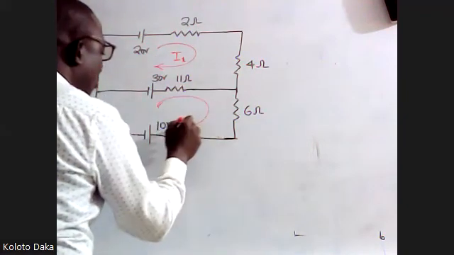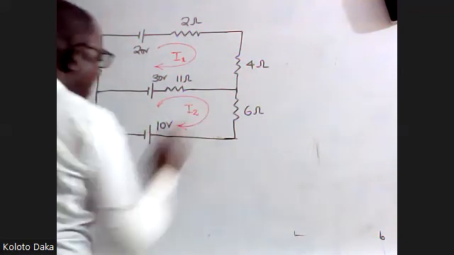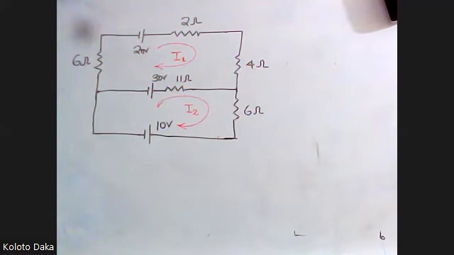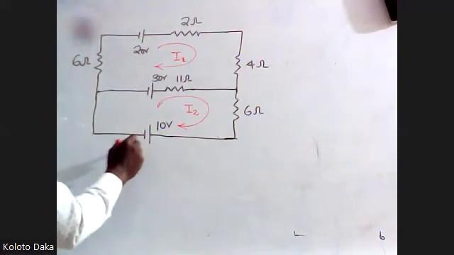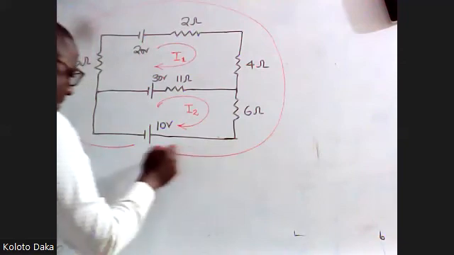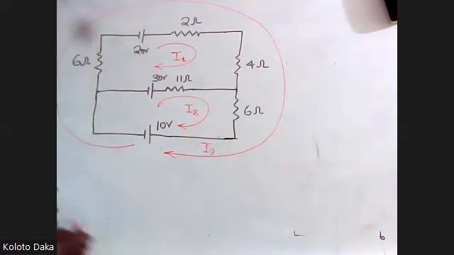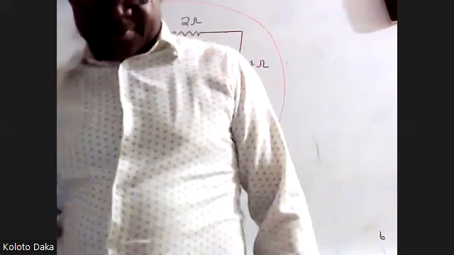And then second loop, I2. And then we can have the third loop outside, I3. Okay?